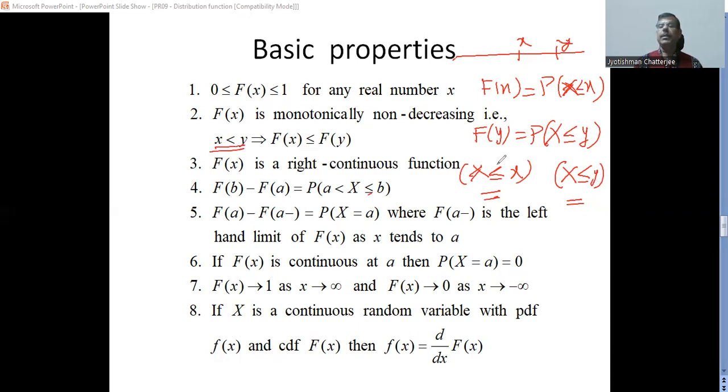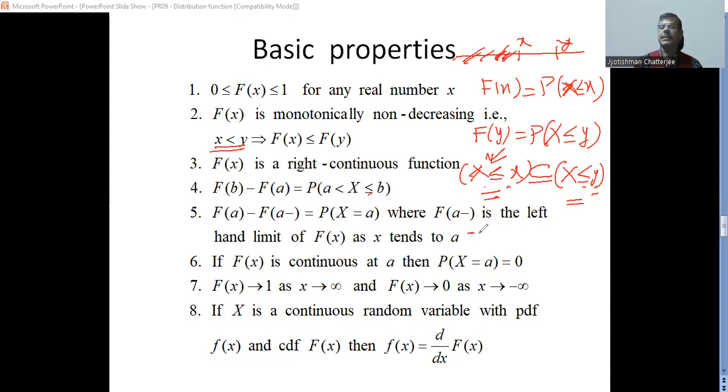Now, this event, when capital X is less than or equal to small x, means X is somewhere here. In that case, capital X must be less than or equal to small y. That means this is contained in this event. So they are related this way. So capital X less than or equal to small y is a bigger event, or at least as large as capital X less than or equal to small x.